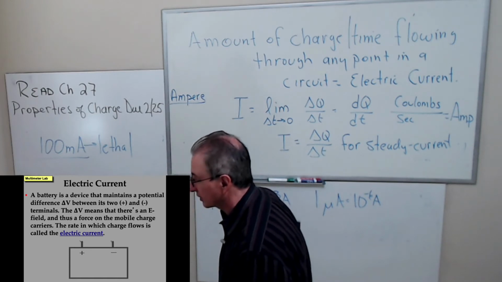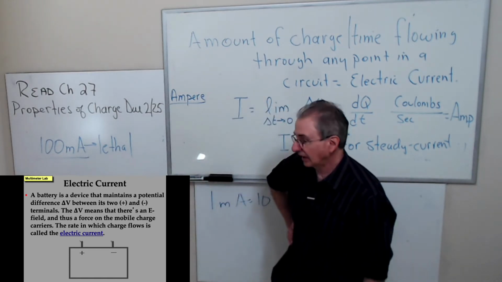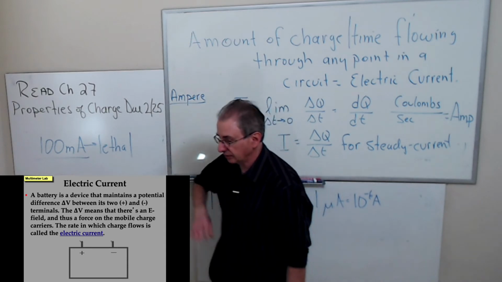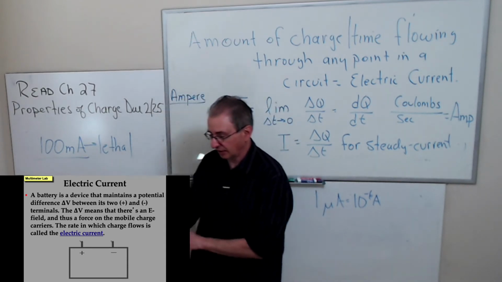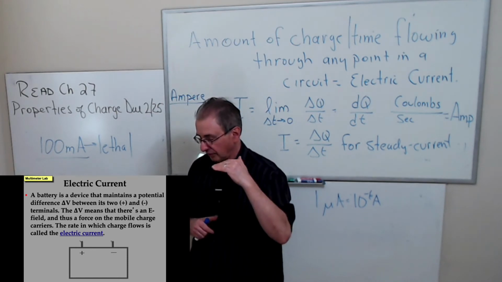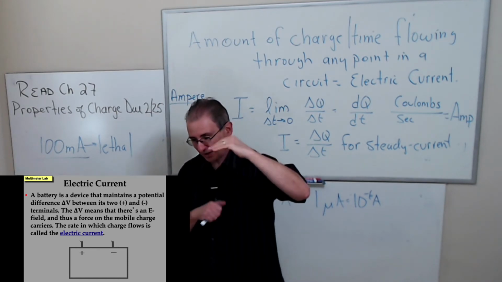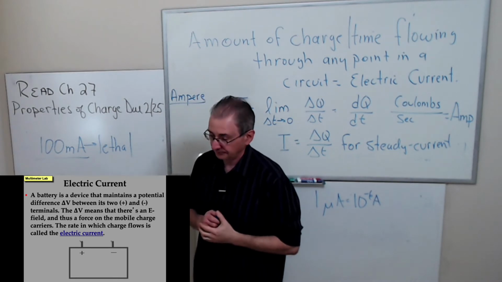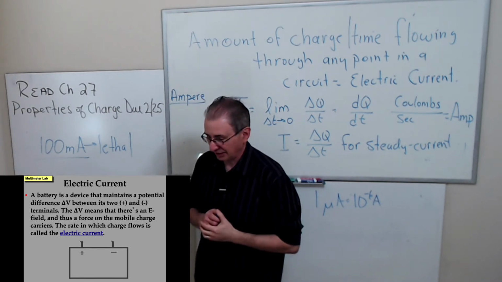The taser uses a smaller current. It's not going to use 100 milliamps because that'll kill you, but it's a high voltage too. It's high voltage, low current, but it's the right combination that it will knock you out. It won't kill you.